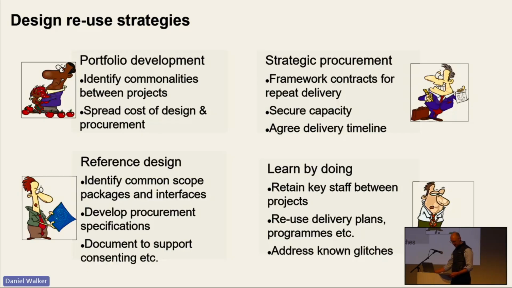So it includes a set of outline physical plans and functional specifications, but the really key part is a well thought out construction plan and a set of procurement scopes and interface definitions to facilitate delivery. So who's going to do what, who's going to build what, what's it going to look like, when are things going to happen, those kinds of questions.